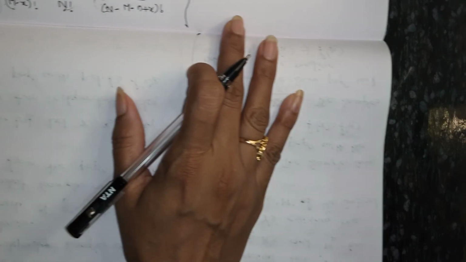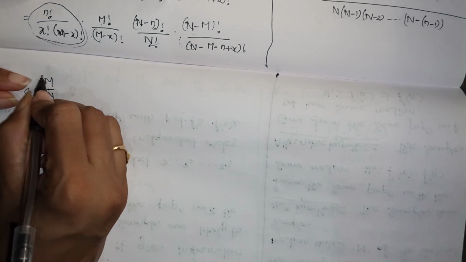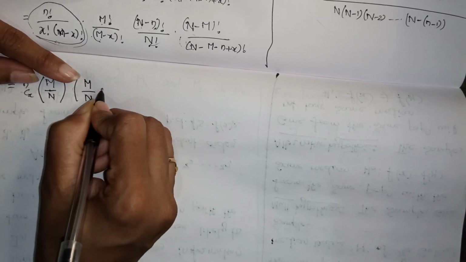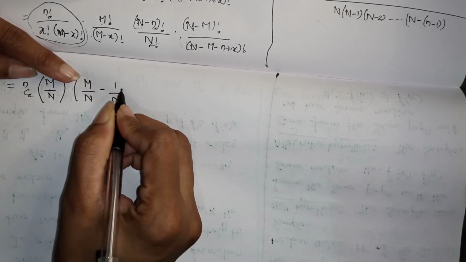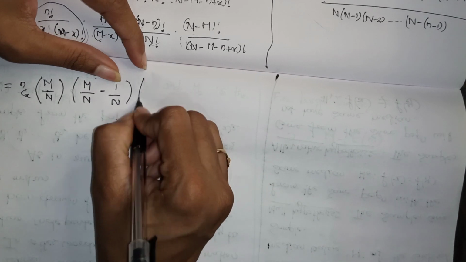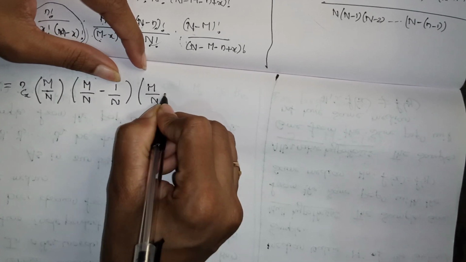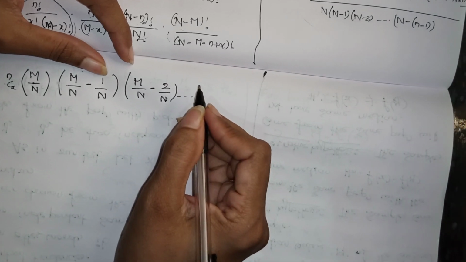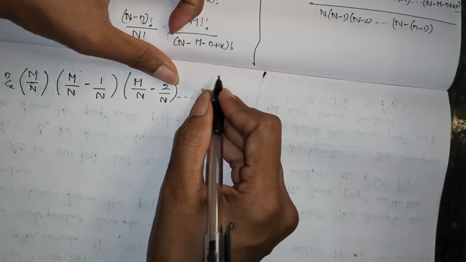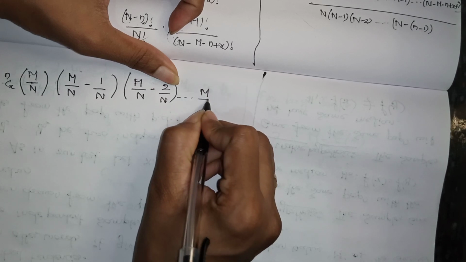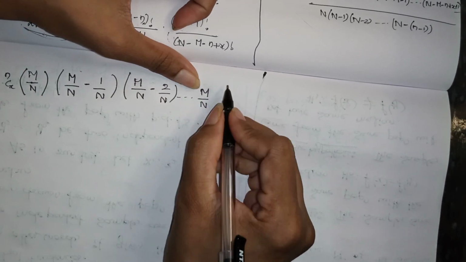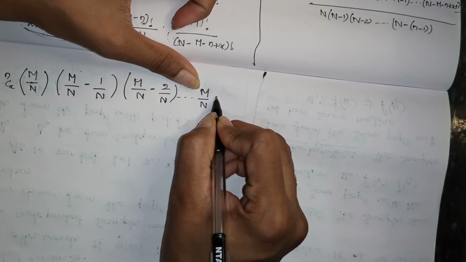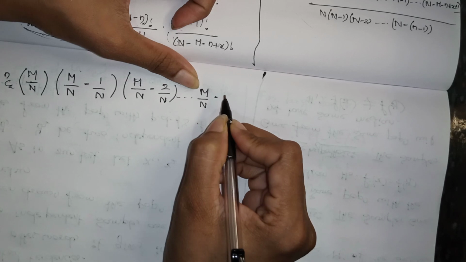Okay, so next, m by n minus 1 by n, and m by n minus 2 by n, and so on. Okay, and the next is m by n, m by n minus what we are having here.